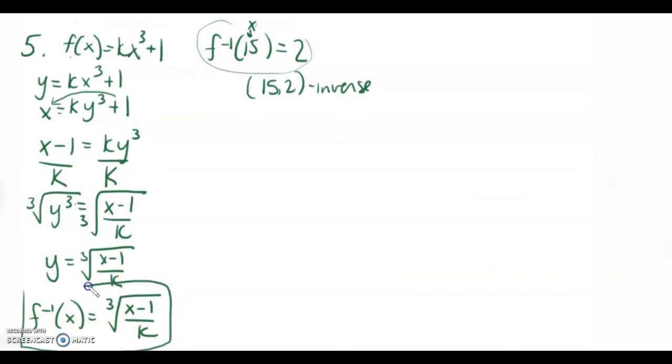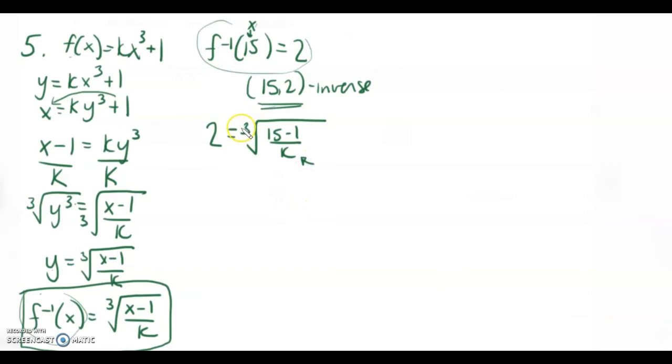So all we've done so far is find the actual inverse. Now they give us this information. So if we substitute the y in with a 2, and then we do the cube root of x, which is 15 minus 1 over k, what we'd have to do here is isolate and solve for k.